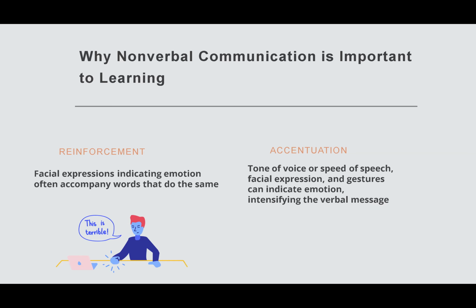We put facial expressions in here as well, and gestures, and again, you can see a little bit of overlap, but one is really focused on the facial expressions concurrent to what you're saying as a way of reinforcing concepts. And the other is a little bit more of that paralanguage that we talked about.